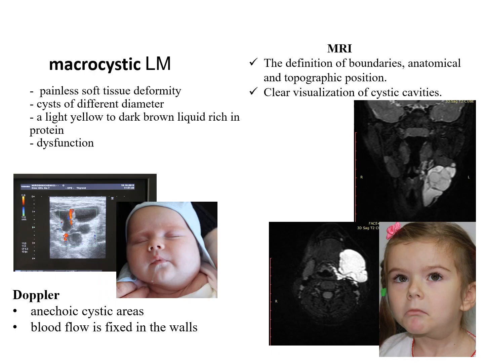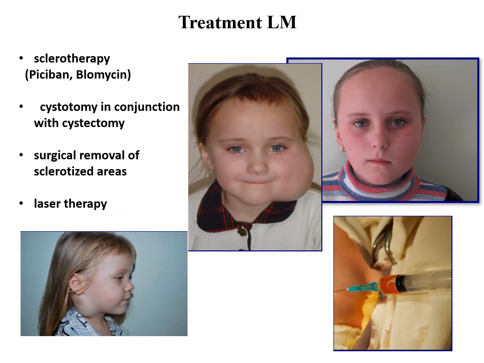In the macrocystic form of malformation, we will see a slightly different picture in the Doppler and MRI. We'll see larger cysts with clear visualization of these cavities and mixed blood flow in the walls.